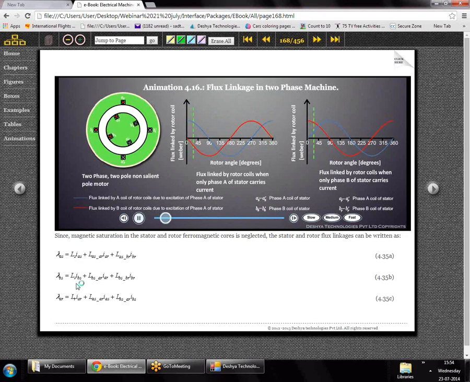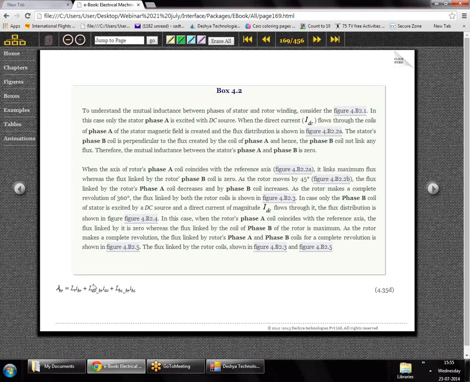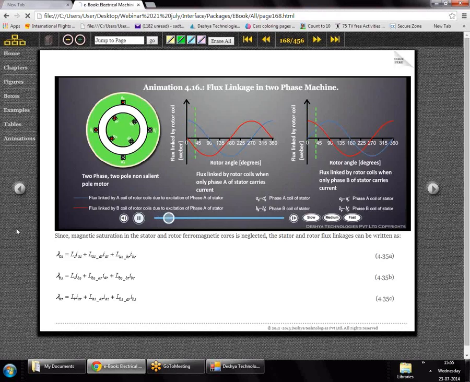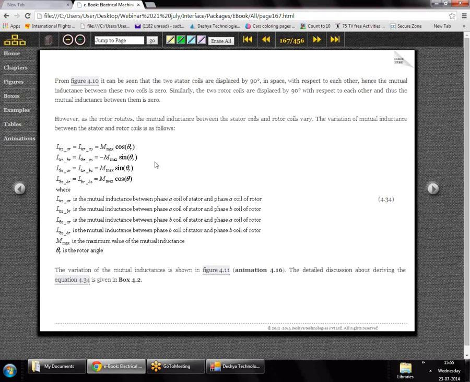Similarly, the coil in phase B of the stator would link the flux given by expression 4.35B, and the expressions 4.35C and 4.35D show the flux linked by the phase A and phase B coils of the rotor. So we have 4 flux linkage terms, and we have also seen how the mutual inductances vary in expression 4.34.